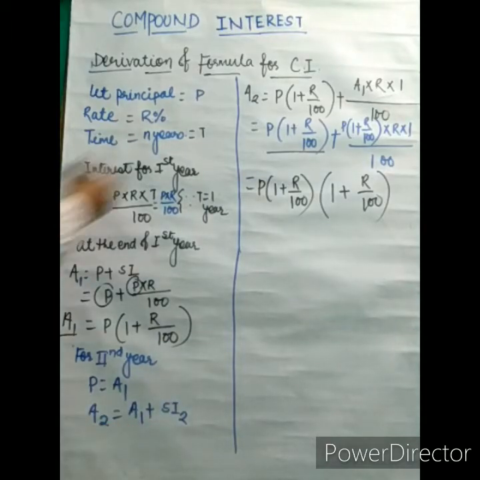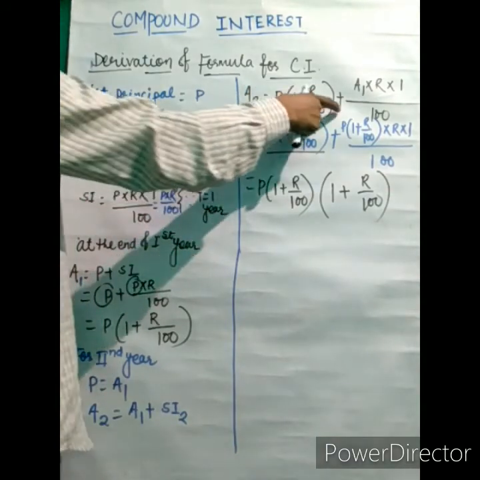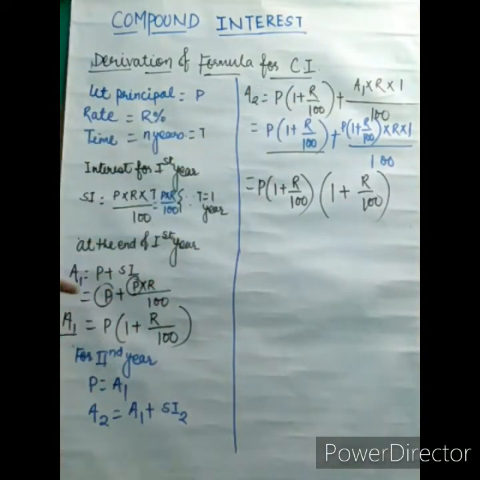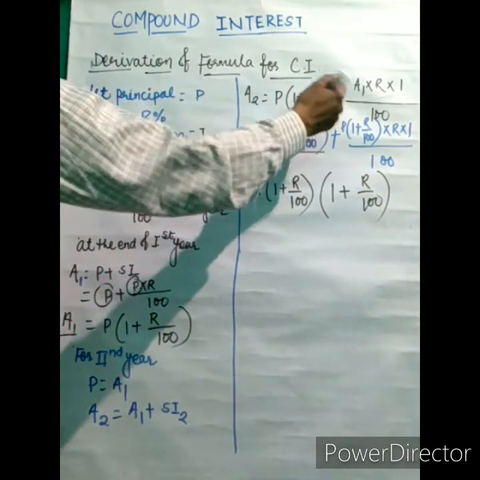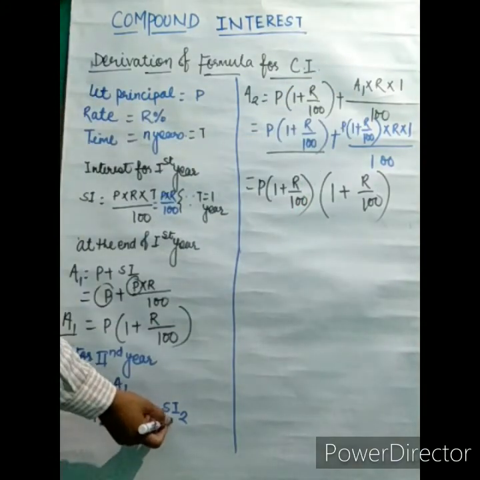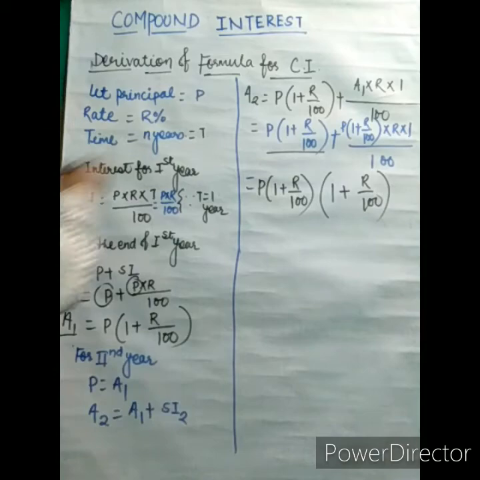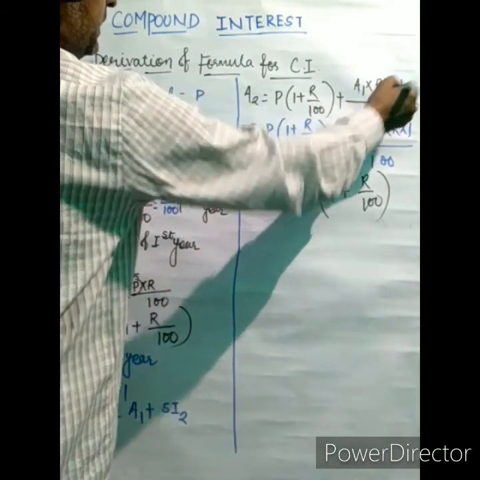A1 is P into 1 plus R over 100, plus the simple interest of the second year, which means P into R into T over 100.